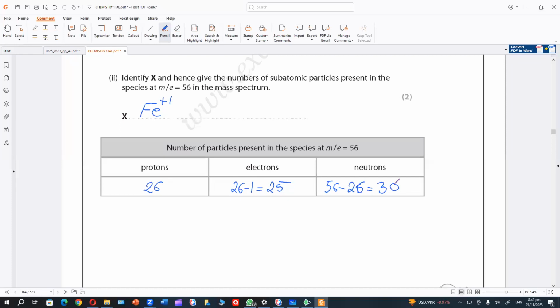Look at the basic working. That's just mass number minus the atomic number, so 30 is the neutron number.